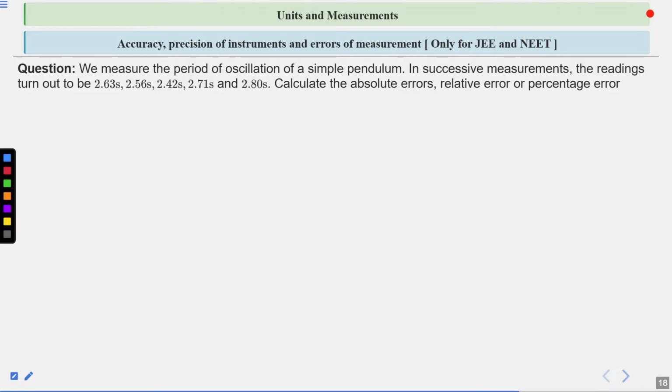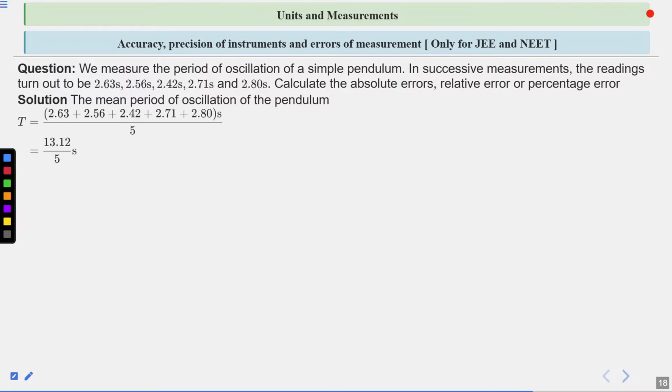So the mean period of oscillation of the pendulum is T equal to 2.63 plus 2.56 plus 2.42 plus 2.71 plus 2.80 divided by 5. So the overall sum is 13.12 and divided by 5 seconds. So the mean period of oscillation is 2.62 seconds.